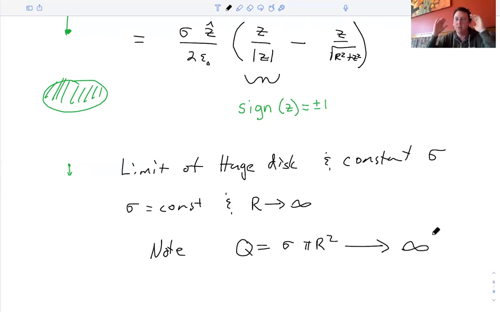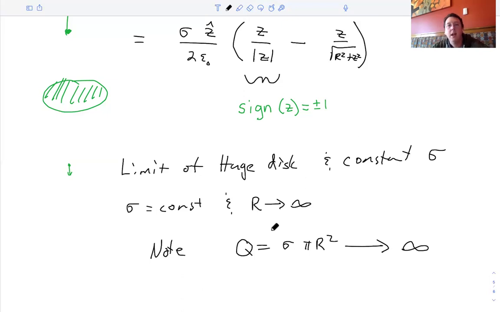In the universe, there are no infinite sheets of charge. But if we're modeling behaviors or features that an electron will see, electrons are tiny. So something like a postage stamp might as well be infinity as far as an electron is concerned. So this is a good model for many different configurations.